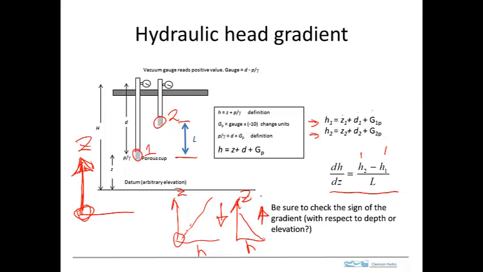Now, in the vadose zone, we can have flows going either way. Typically, flows will be going up if we're having evaporation at the surface dominating. They'll be going down if there's been a rainfall and we have infiltration and perhaps recharge going on.